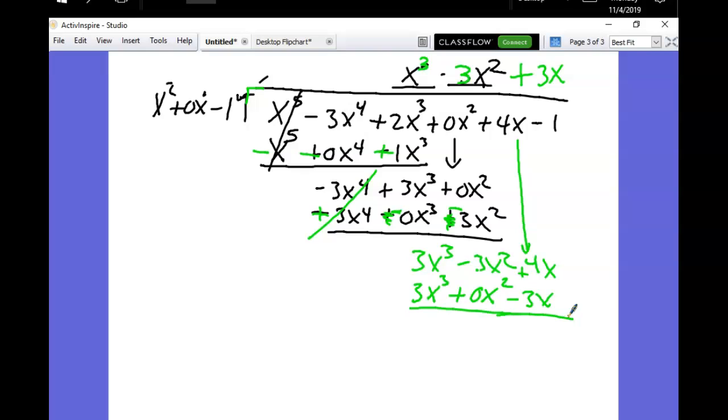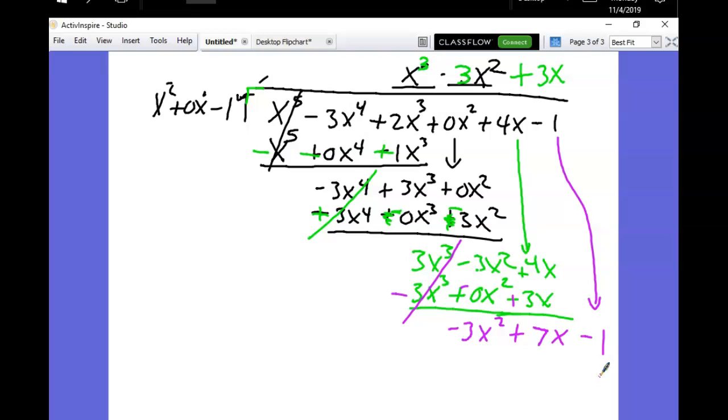Okay, then we know we're going to change all them signs to subtract, right? Dylan Lee Bryant. What goes here? Plus 7. Okay.